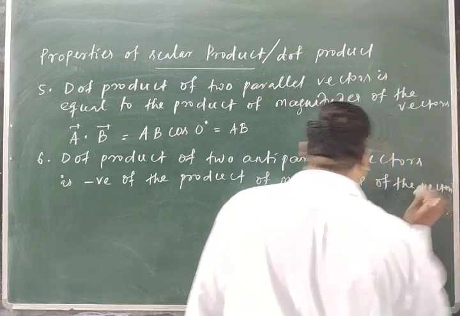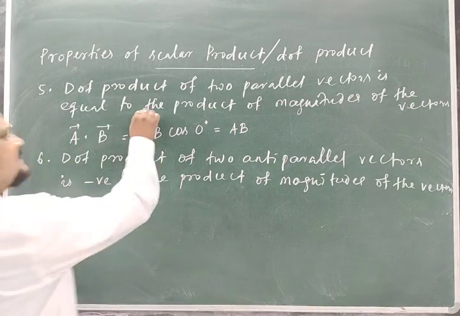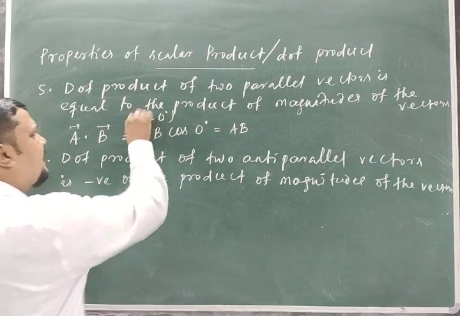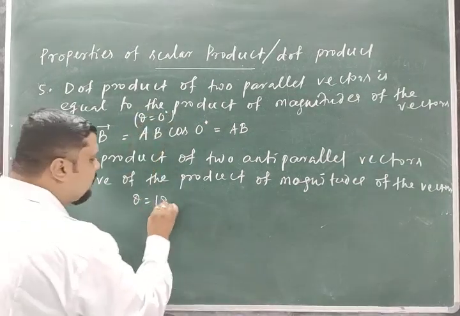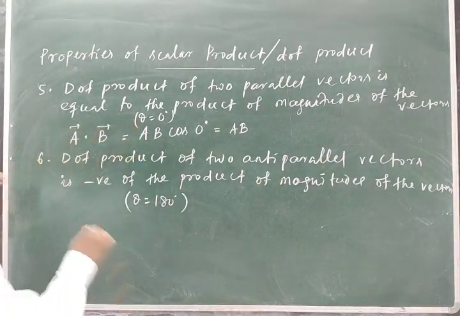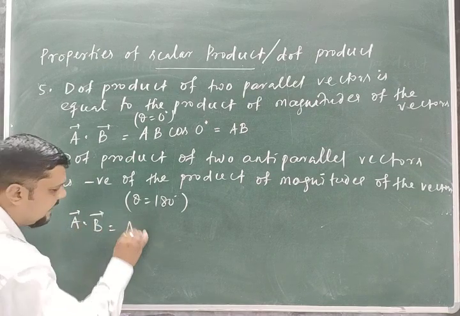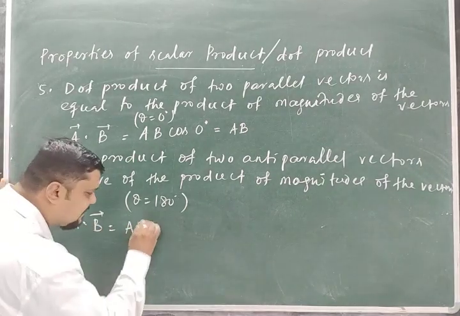Now see, anti-parallel means what? Theta is 0 for parallel; for anti-parallel, theta is equal to 180 degrees. Then A dot B is equal to magnitude of A times magnitude of B.